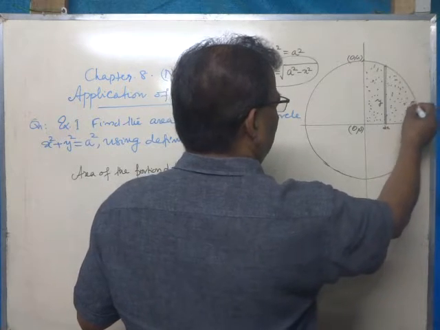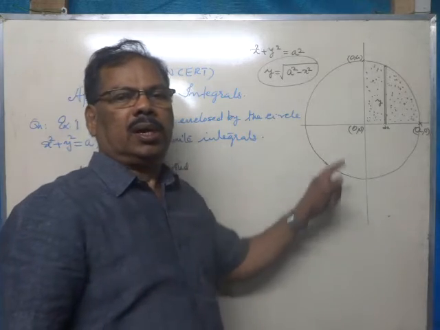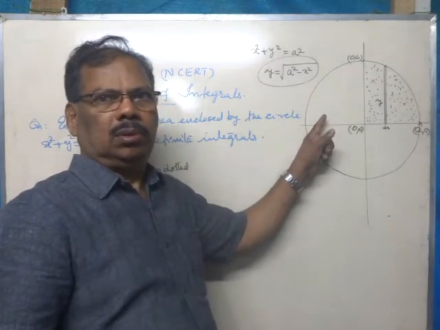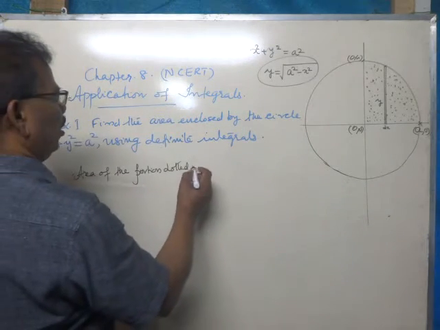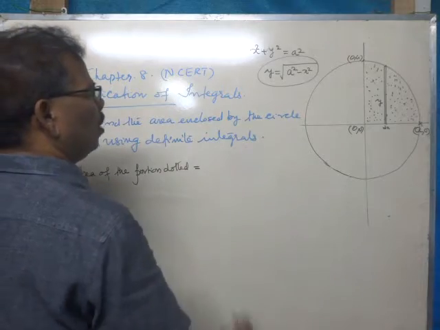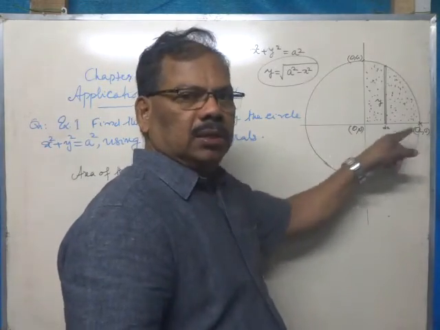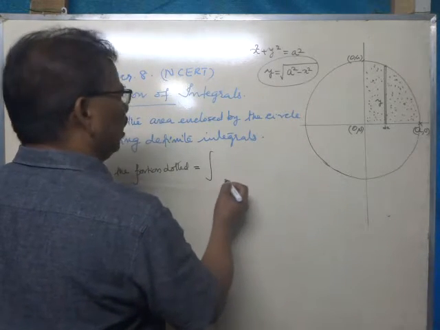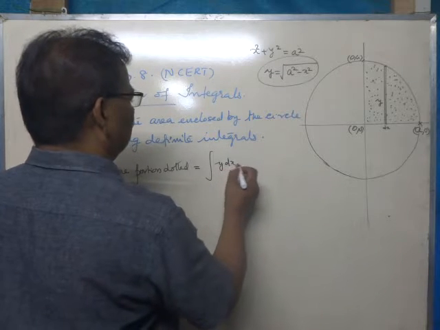This is a sector of radius a unit and a center angle 90 degree, means 1/4 of that circle. Therefore, area of the portion dotted is equal to area of all such rectangles. Area of a single rectangle is y dx.